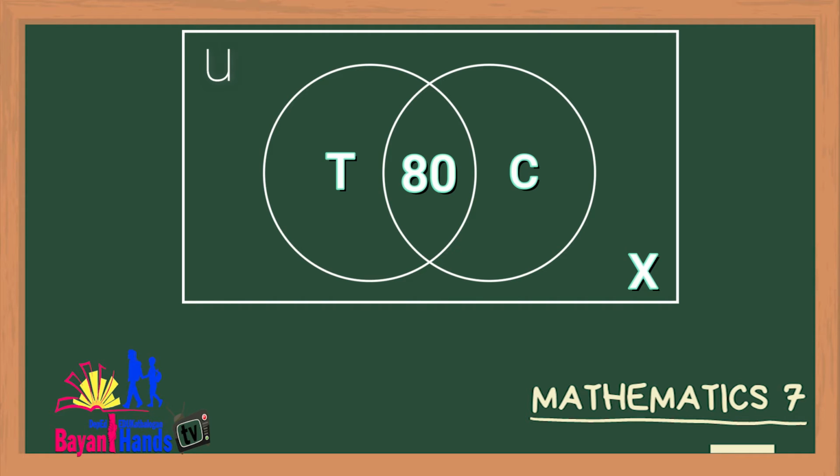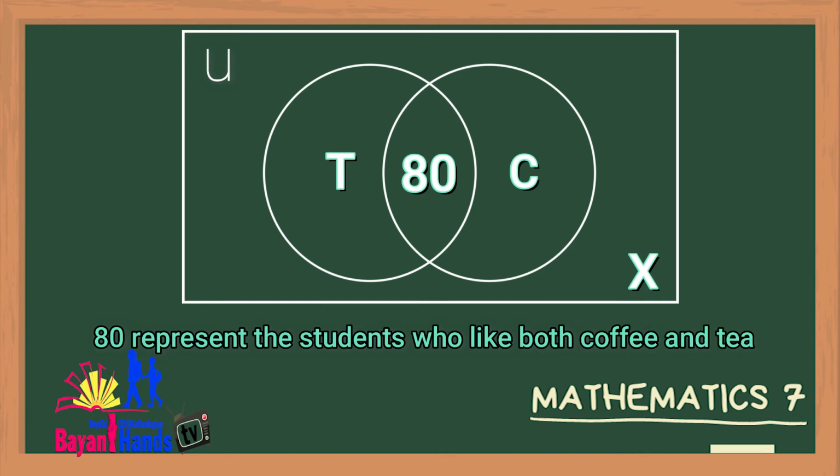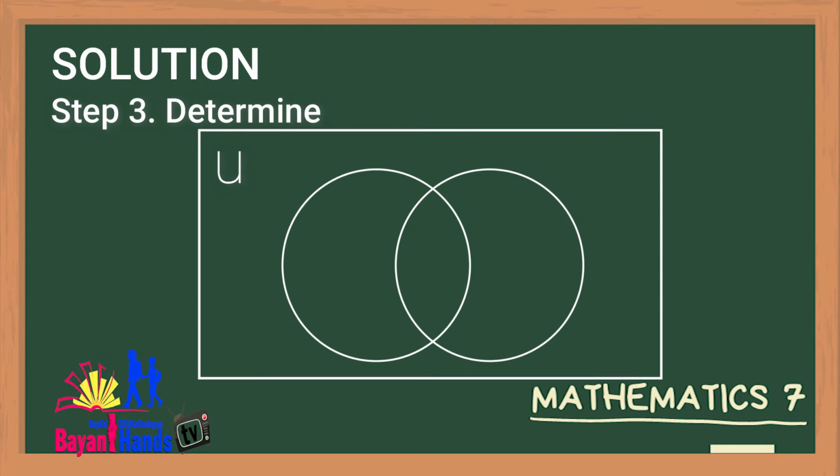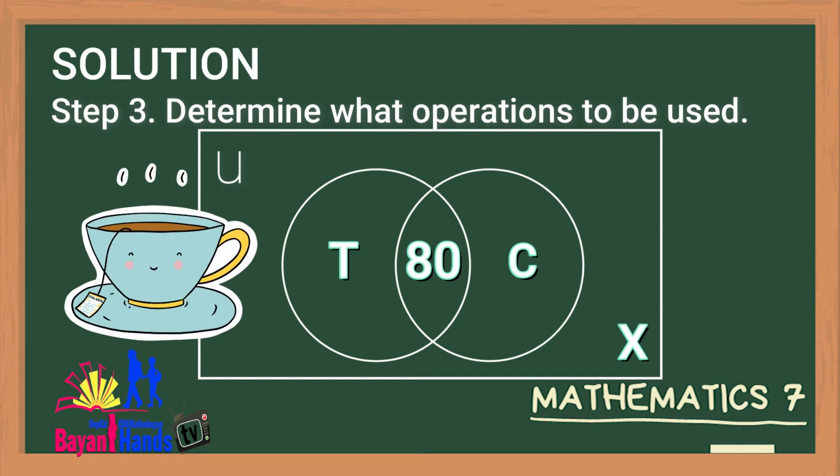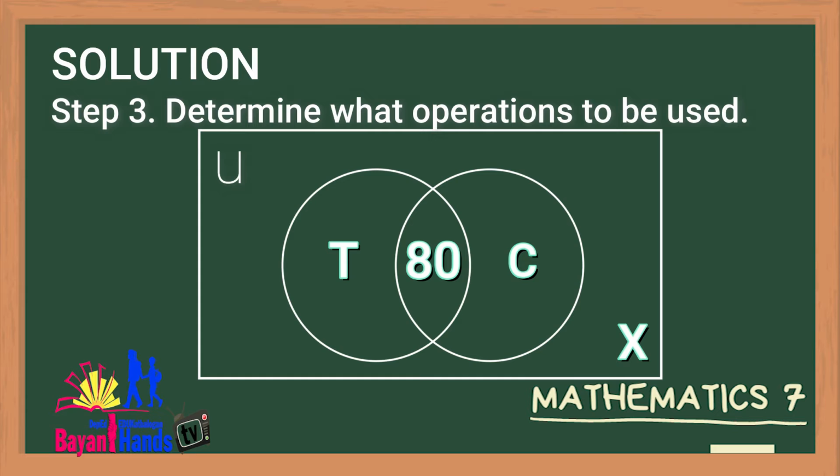You see, 80 is written in the middle section, representing the students who like both coffee and tea. In step 3, you can see the left section is named T for tea only, and the right section as C for coffee only.